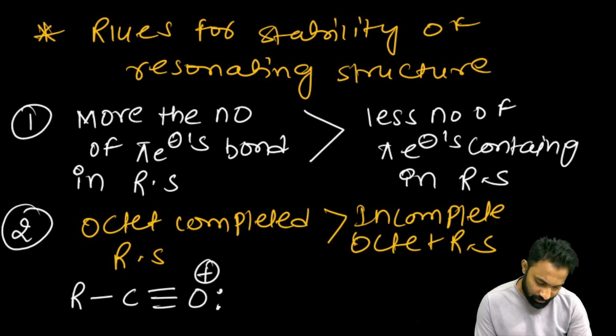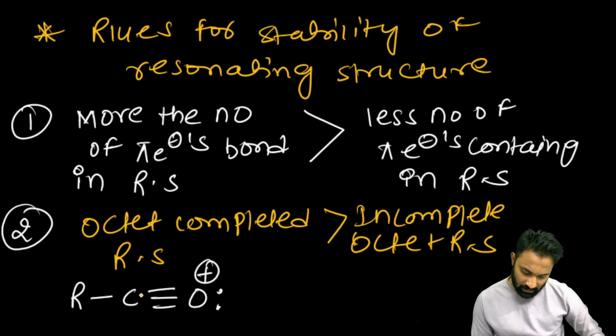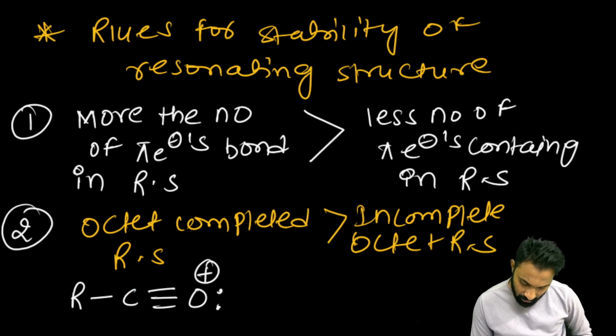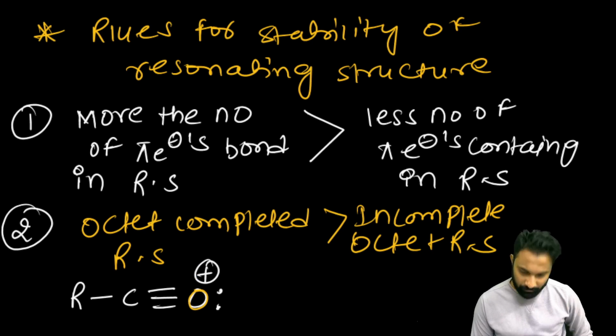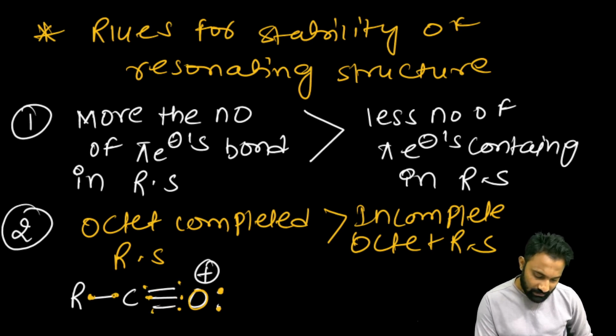Now here the carbon octet is completed and the oxygen octet is completed. Any atom to complete its octet requires 8 electrons. Oxygen has 8 electrons, 1 to 8, and the carbon is also having 8.